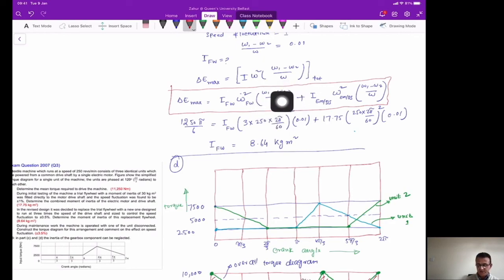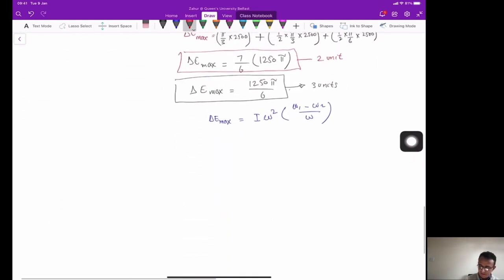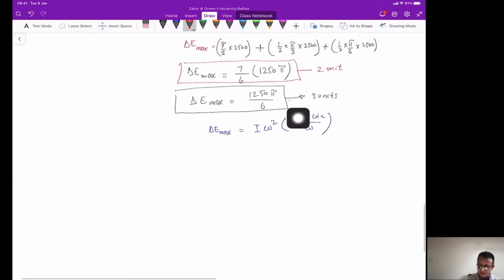Or you can use a simple trick: because there is no change on the right hand side, the only change is on the left hand side in the energy. The new energy fluctuation is 7 times the old one, which is 7 by 6 into 1250 pi, and in the old case it was just 1 by 6.